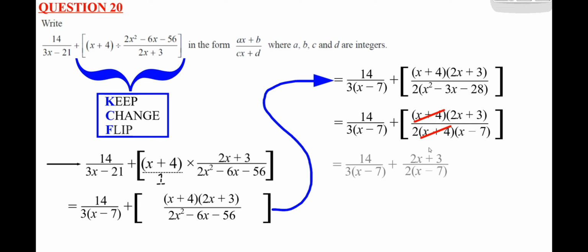That'll then give us this expression here. So I've got this fraction here, which is still the same thing, 14 over 3 lots of x minus 7. And here, I've just got 2x plus 3. I've not cancelled that 2, so remember to include that, plus 2 lots of x minus 7.